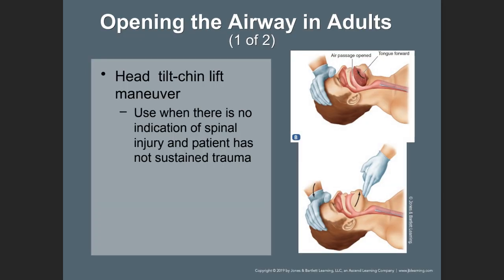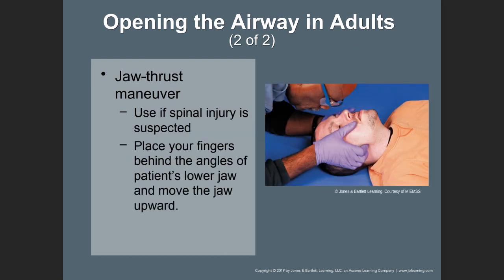Now, opening the airway in adults. Head tilt chin lift maneuver used when there is no indication of spinal injury and patient has not sustained trauma. Jaw thrust maneuver used if spinal injury is suspected. Place your fingers behind the angles of the patient's lower jaw and move the jaw upward.